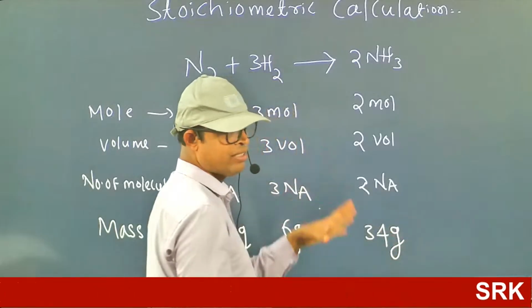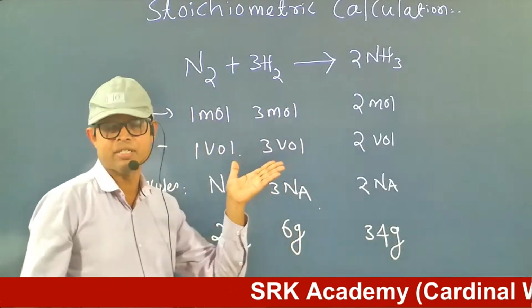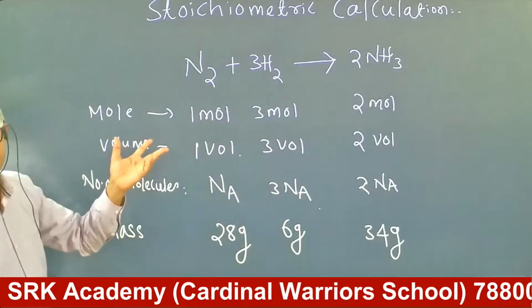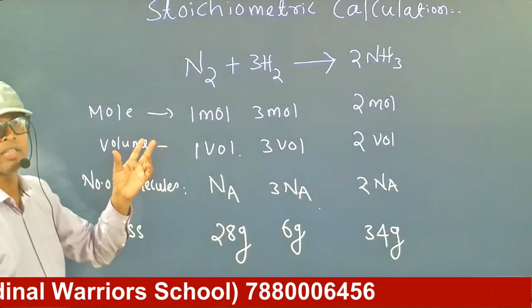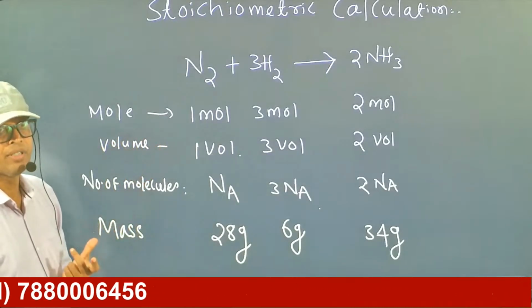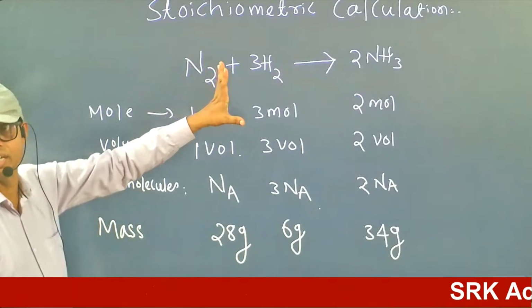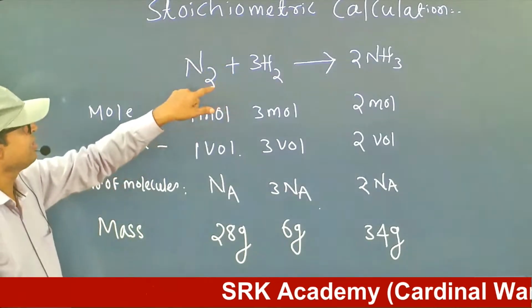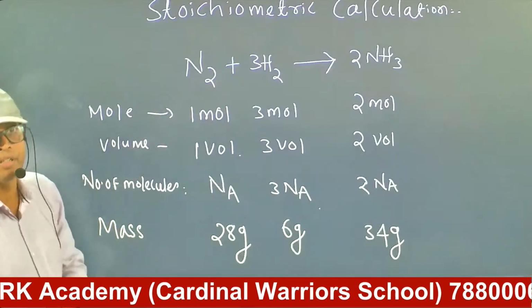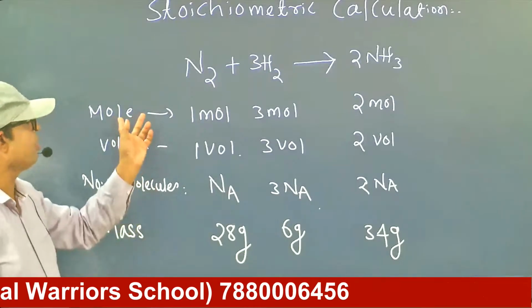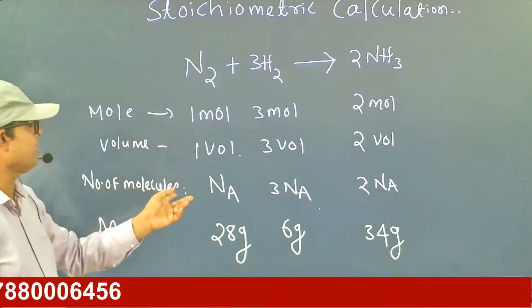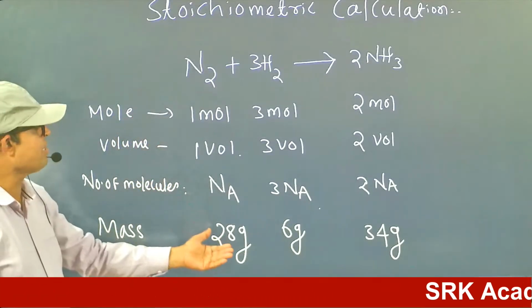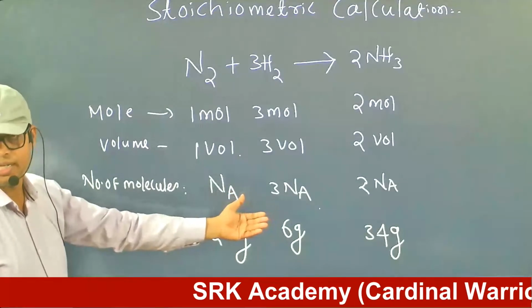So clearly from this discussion, we have come to know a quantitative relationship. Many quantitative relationships exist between the reactants and products in terms of volume, in terms of mole, in terms of number of molecules, in terms of mass, right?